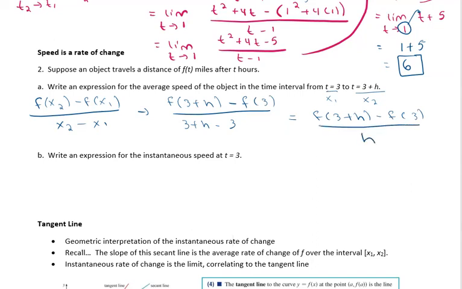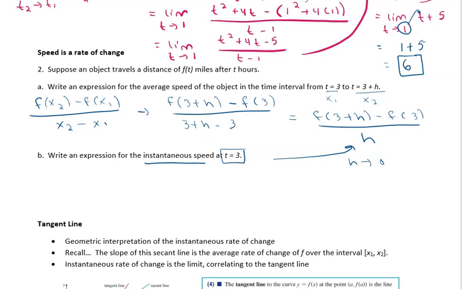Now remember, our idea here is that x2 and x1 are getting closer and closer together. So when we're thinking about our instantaneous speed at our time interval of 3, that means we're thinking about this h going to 0. Because remember, h was our change in time, our x2 minus our x1, our second time value minus our first time value.